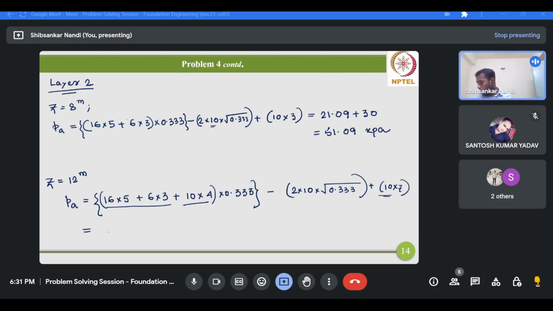Now if you calculate, then this value would be 34.41 plus 70. 34.41 up to this part. Okay, second part.